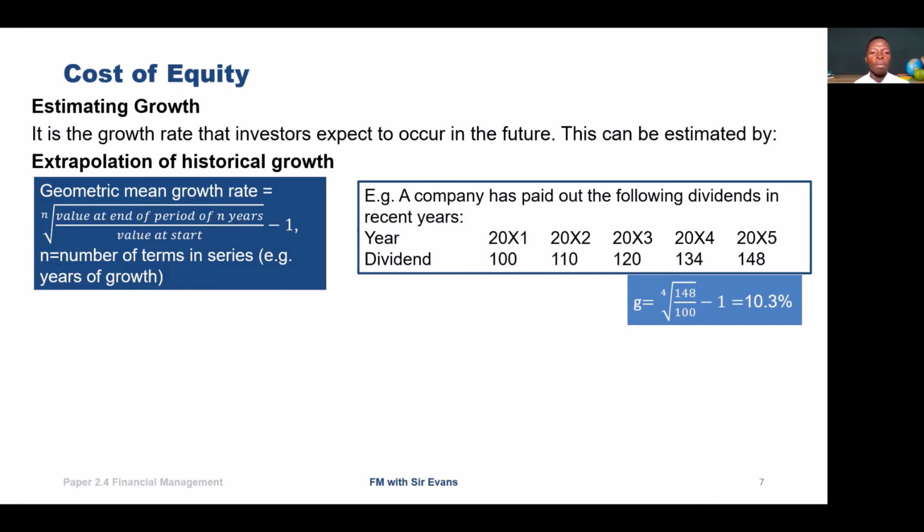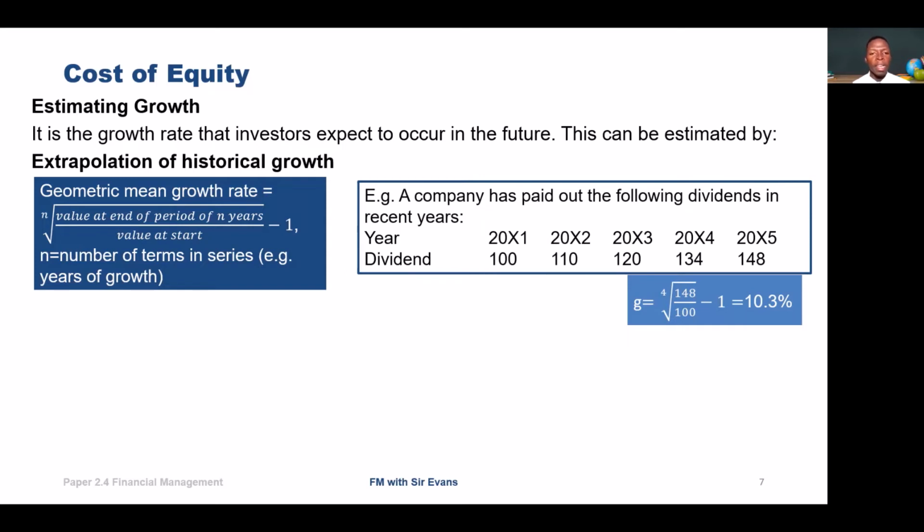From 20x1 to 20x2 is 1 year, 2 to 3 is 2, 3 to 4 is 3, and then 4 to 5 is 4. So though there are 5 years, there were 4 years of growth. So for the fourth root of 148, which is the value at the end of the period, and the value at the start being 100, all of that minus 1, you get 10.3% as our growth rate.